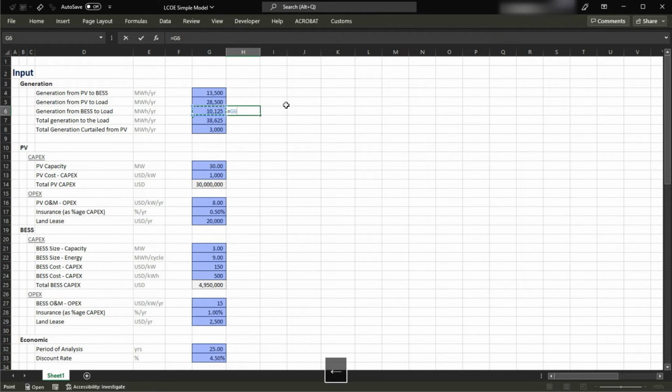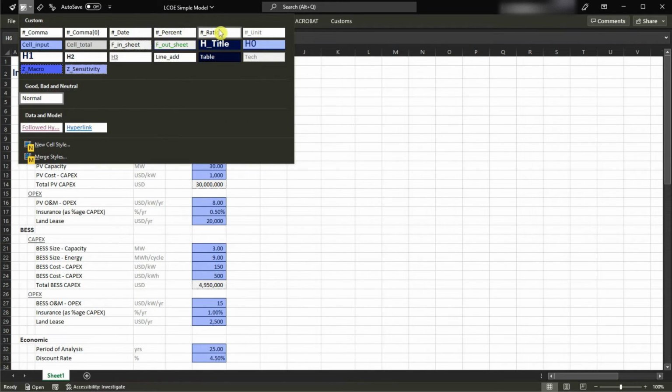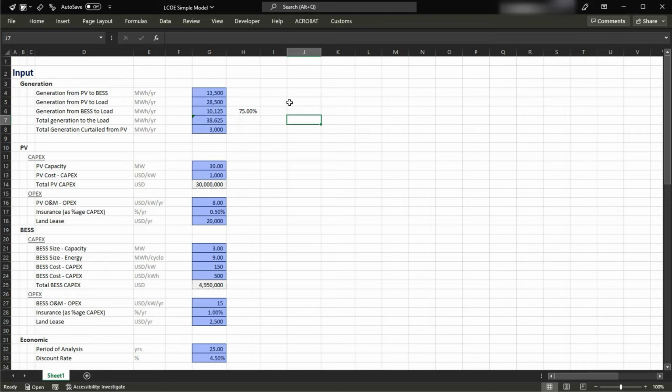If you calculate the efficiency here, we arrive at the 75%. So what this number says is that for every 1 kilowatt hour in the battery, we only get 0.75 out. So we need to consider this efficiency in the charging cost.